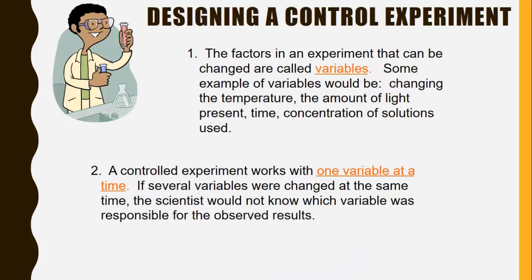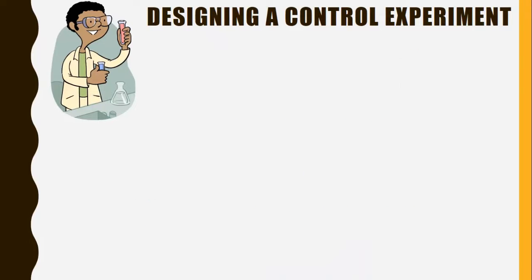A controlled experiment works with only one variable. When you work with one variable at a time, science knows which variable was responsible for the observed results. If several variables were changed at the same time, scientists would not know.